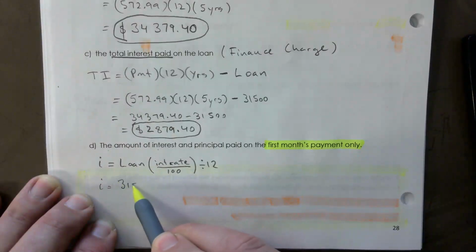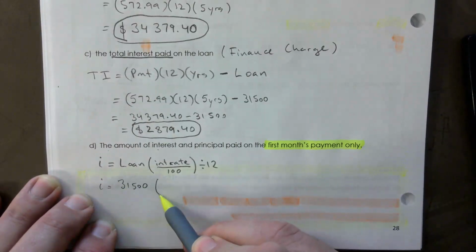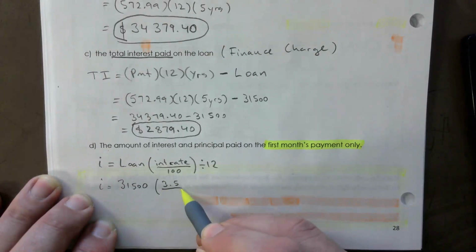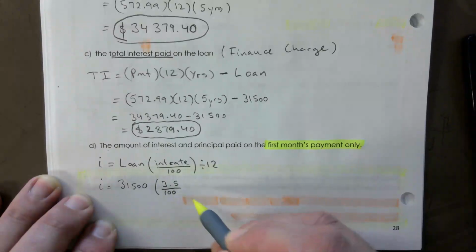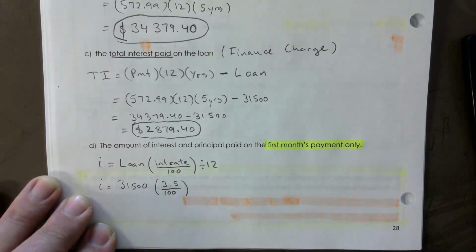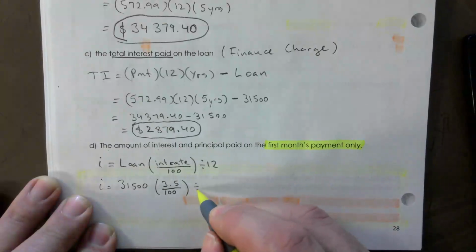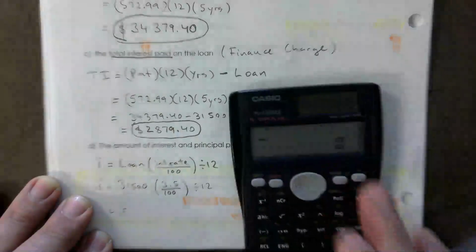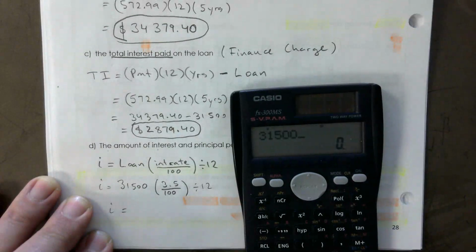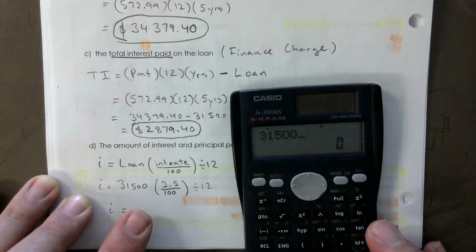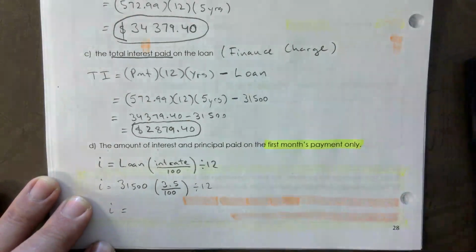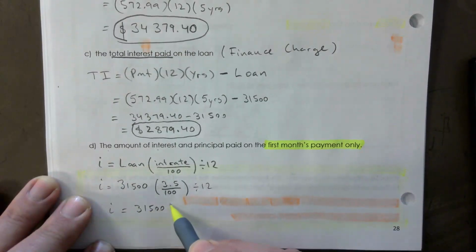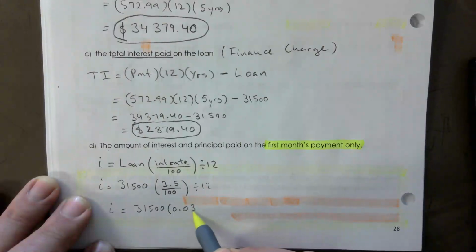The loan is 31,500. The interest rate is 3.5%. So you just take the 3.5, just put it over 100, and you don't need the percent sign. All of that divided by 12. So here we go. I'm going to hold that a little bit, because sometimes you make a mistake just because I'm rushing here.